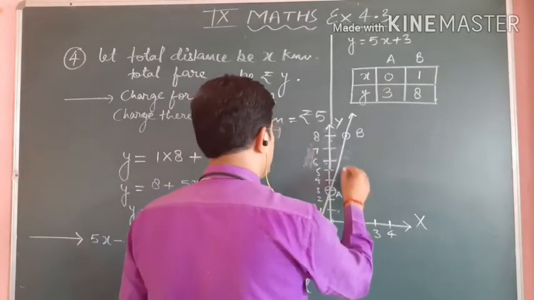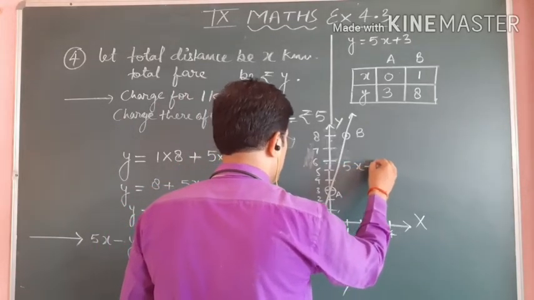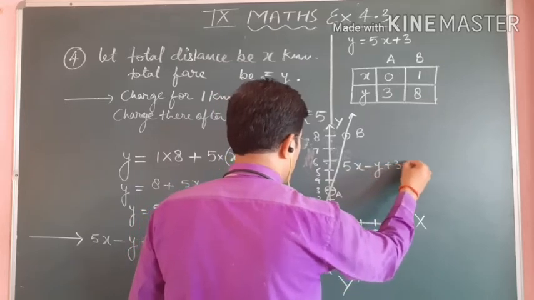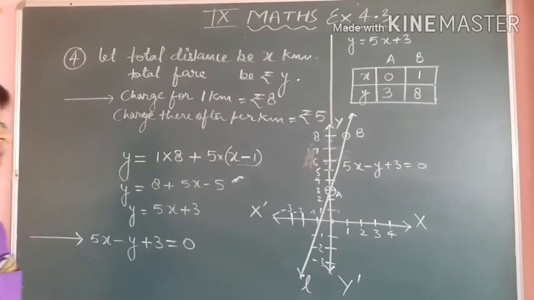And the equation it refers to is 5x minus y plus 3 equal to 0. I have already taught you how to make the graphs. In our next sums, I am not going to make any graph. You have to make those graphs. I will only solve the equations and find the coordinates. After that you have to put them on the graph.